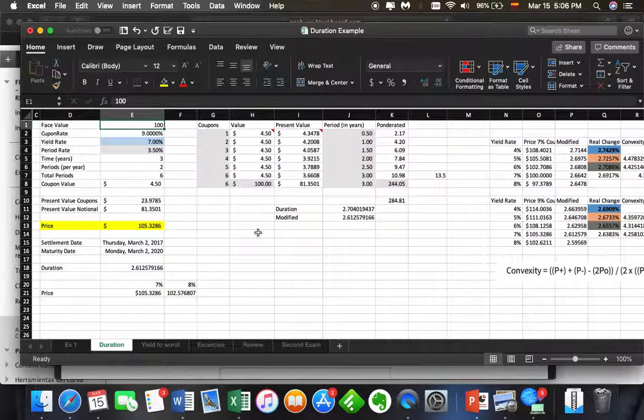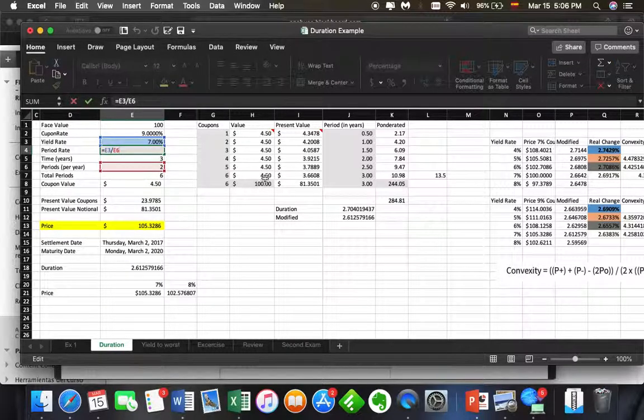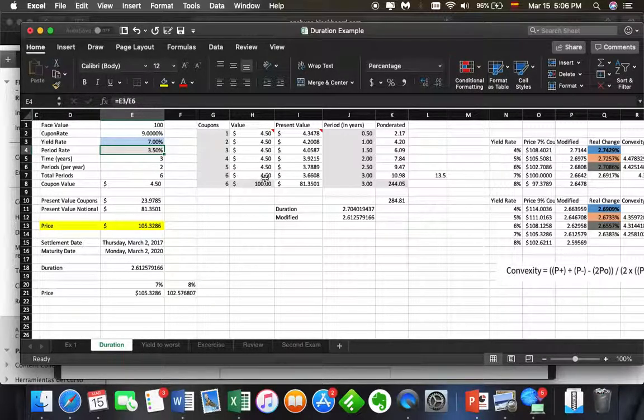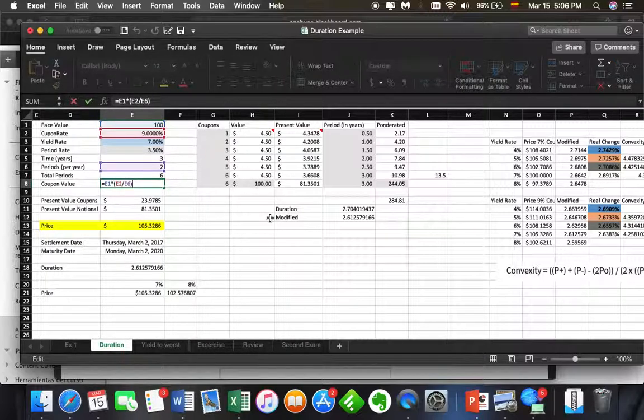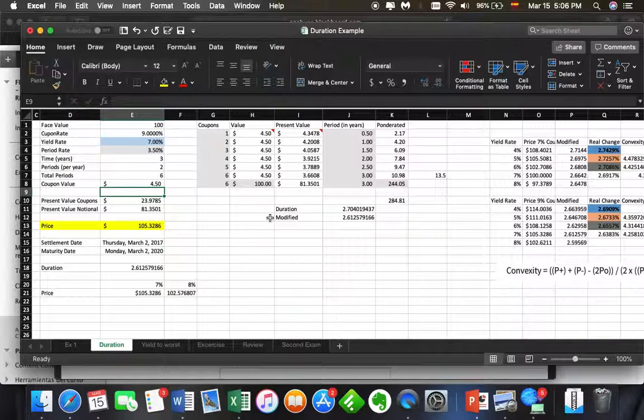Face value 100, coupon rate 9%, yield rate 7%. Now the period rate, because we're paying coupons every semester, it's gonna be 3.5%, which is just dividing it. It's a 3-year bond. It has 6 coupons, okay? And the coupon value, we just multiply the face value by the coupon rate, and it's 4.50.